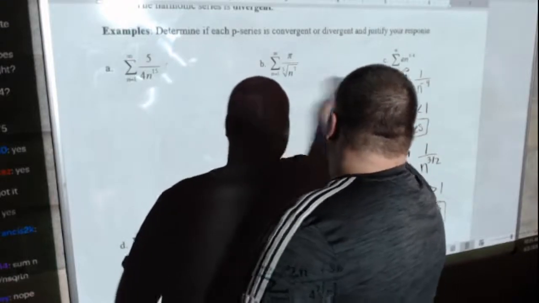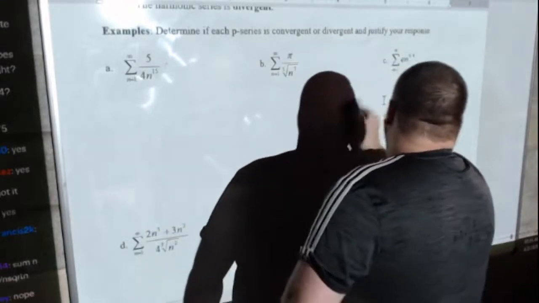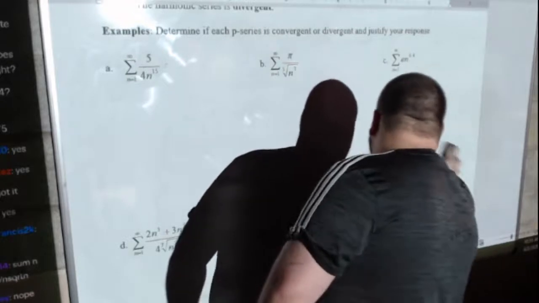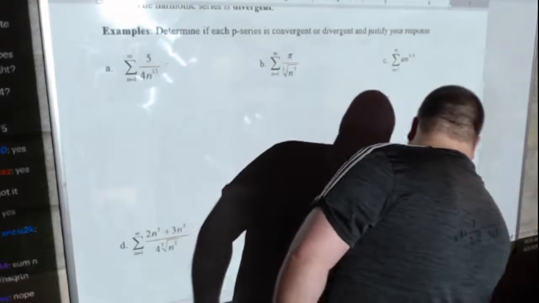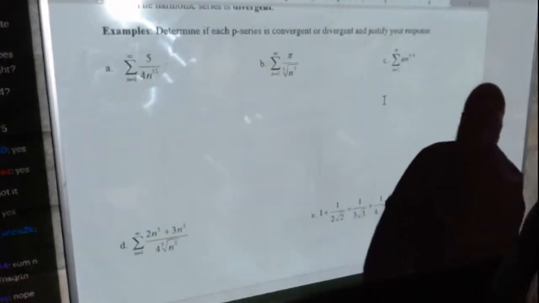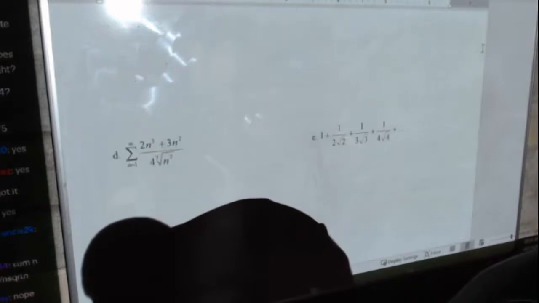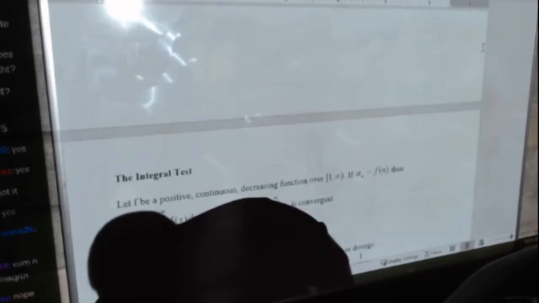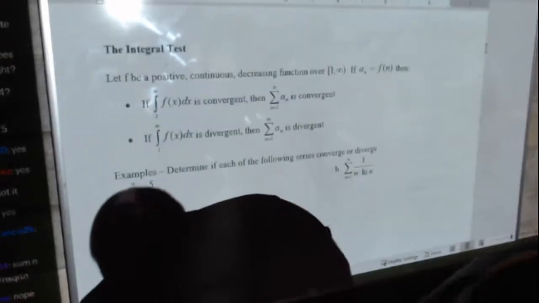So the next thing is going to be the first time that we actually get to use calculus in these problems, because we're going to do the integral test.